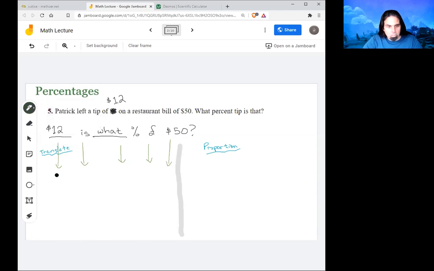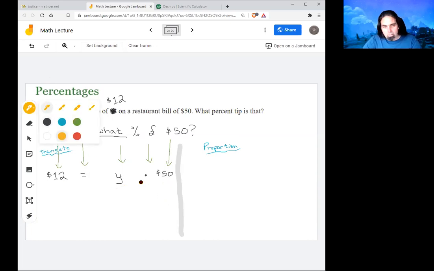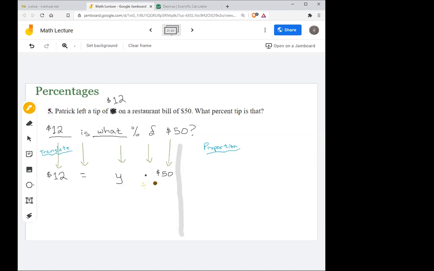So a number stays a number. And is becomes equals. What becomes our letter? Of becomes multiply. A number stays a number. And this looks like our familiar one-step equations. Something is attached to y with multiply. What's the opposite of times 50? That would be division by 50.